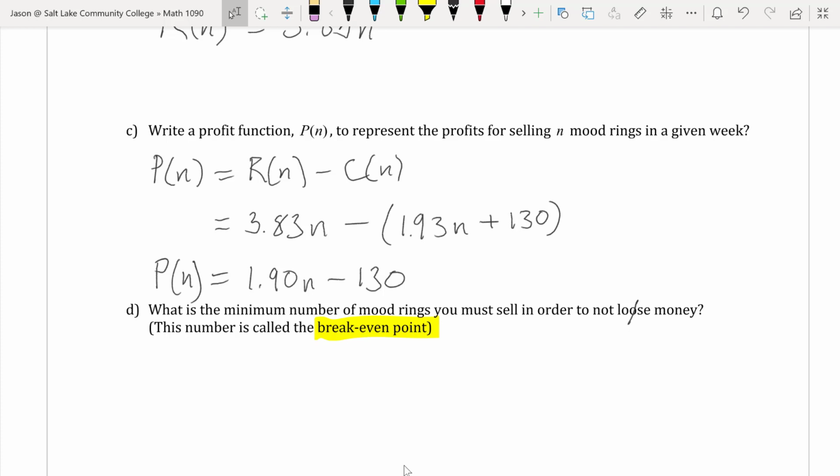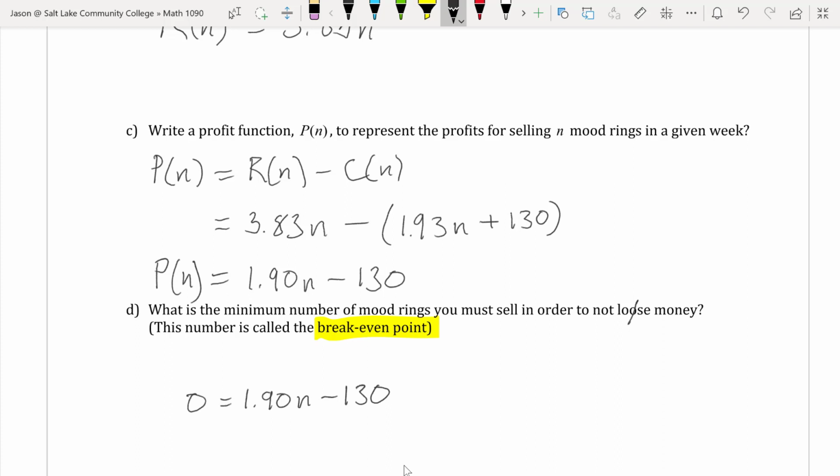So the break-even point corresponds with your profits equaling 0. That's where you just begin to start making money and you stop losing money. Okay, so what we want to do is set the profit equal to 0. So that's P of n. So 0 is equal to 1.90 times n minus 130.